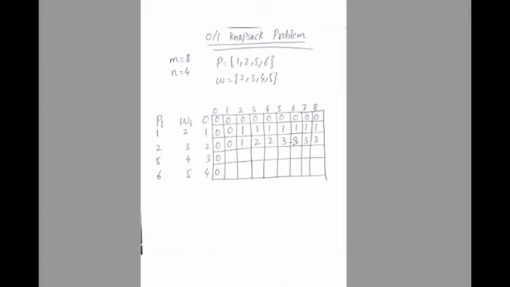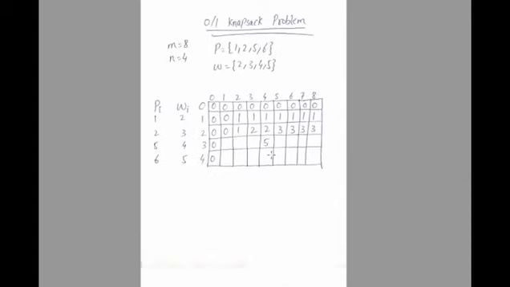Now if we are at weight 3, object 3, then we will check the weight of this object. The weight of this object is 4 and the profit is 5, so we will write 5 here. Now we will check for the previous objects, 2 and 1.